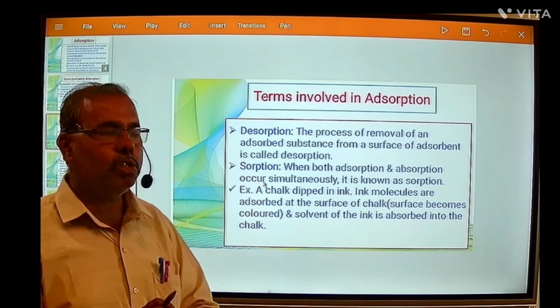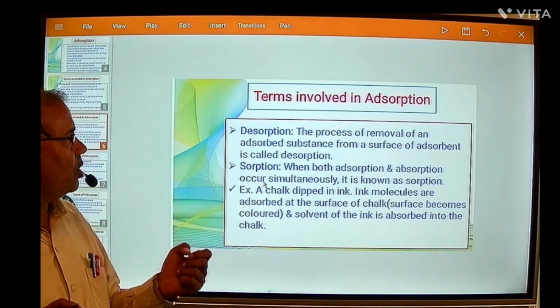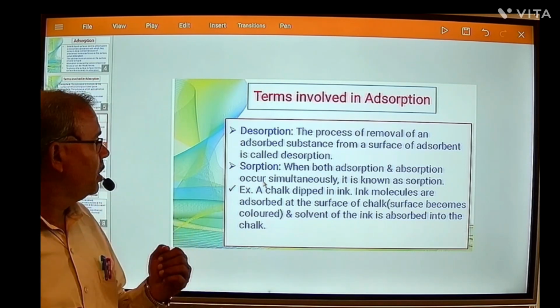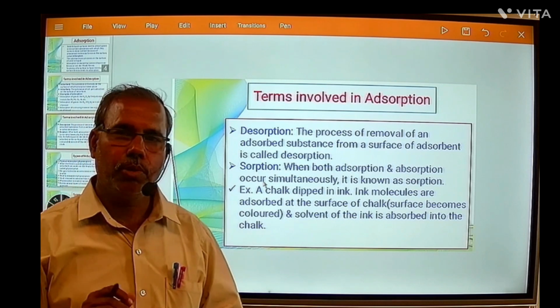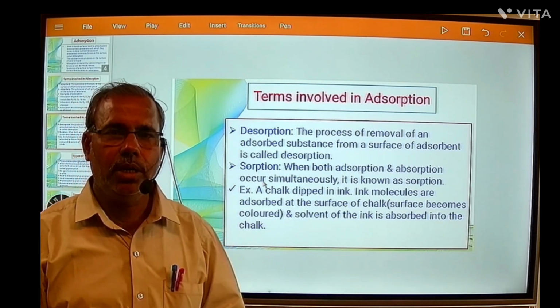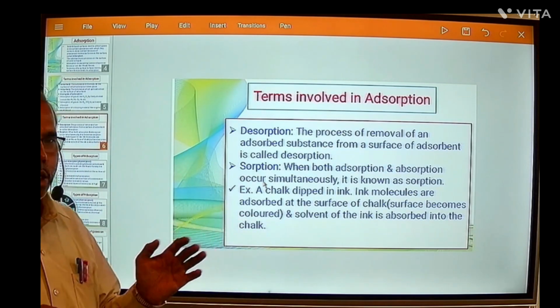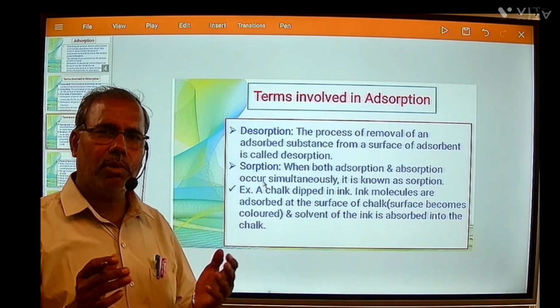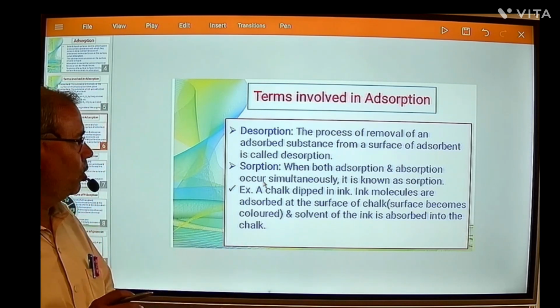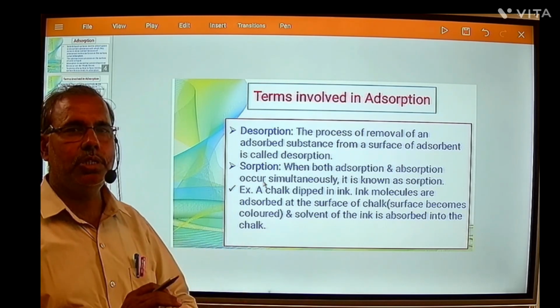The process of removal of an adsorbed substance from the surface of the adsorbent is called desorption. So the adsorption process is reversed here.